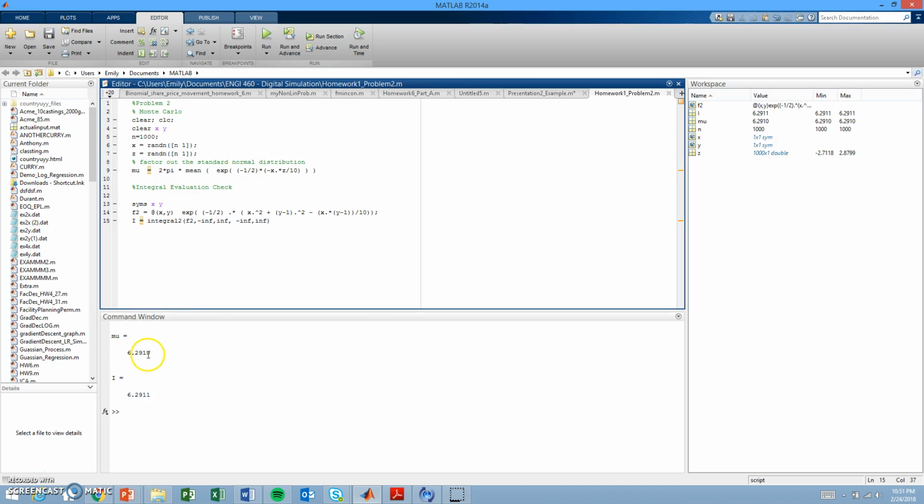And you can see that the answer that we got was 6.2910. And we also have this integral evaluation check below it that just mathematically solves the integral function that we were given. And as you can see, these are very close in answers, only off very slightly. So you can tell that Monte Carlo has done a really good job of estimating the expected value for this integral.